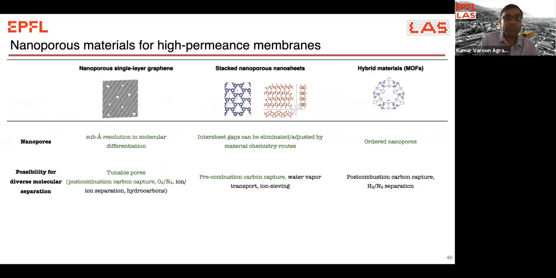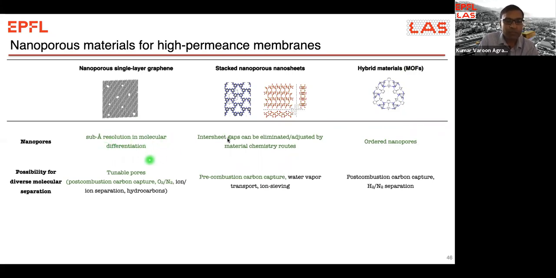Okay, to conclude, hopefully I showed you 3 different examples, 3 different subgroups in my group, one based on nanoporous single-layer graphene, nanoporous nanosheets, and hybrid materials. And I think the key message I want to give is that graphene membranes are quite attractive for doing very difficult gas separation where you require sub-angstrom resolution.